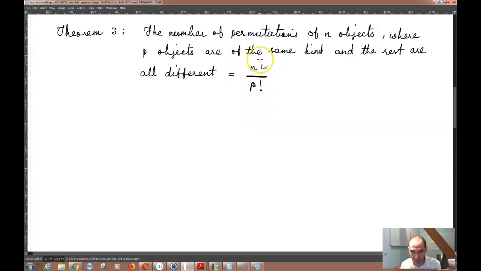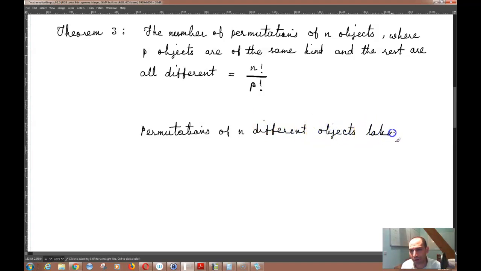So of course you know that the number of permutations of n different objects taken n at a time would be n permutation n, which is equal to n factorial over n minus n factorial, which is equal to n factorial.